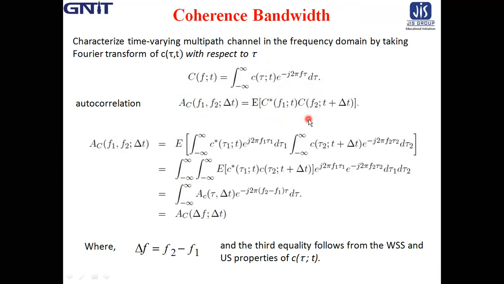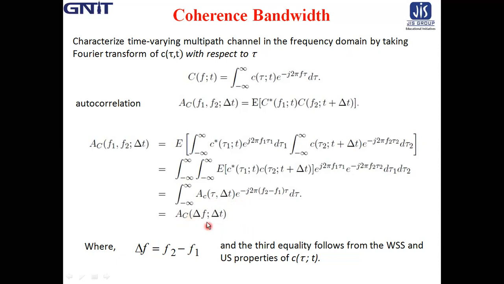If we simplify this autocorrelation function mathematically, we ultimately get the integral from minus infinity to plus infinity of A_c(tau, delta t) e to the power minus j 2 pi (f2 minus f1) tau d tau. So it is now A_C(delta f, delta t).